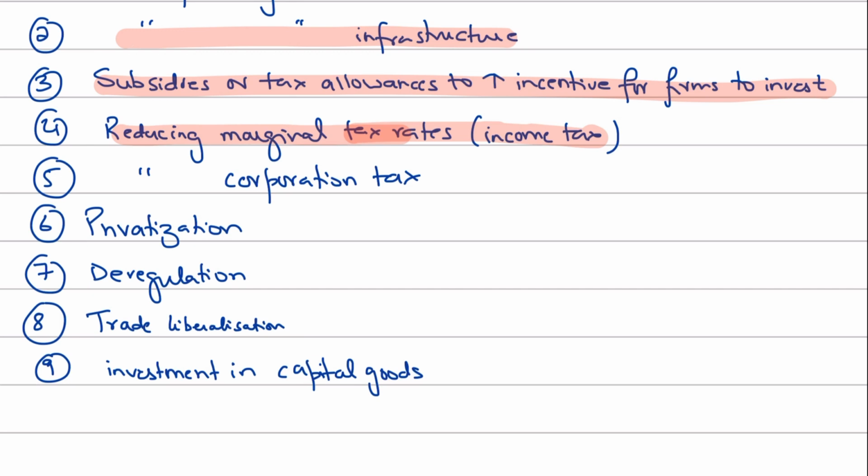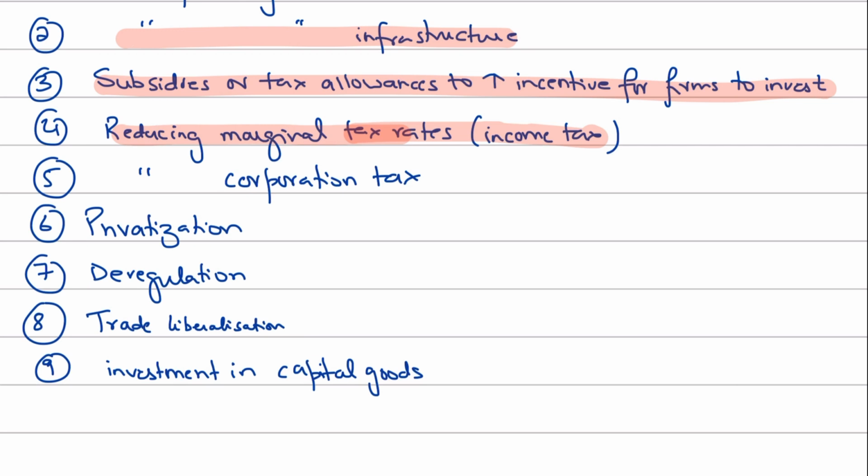So the first reason how it connects to LRAS is that it improves the productivity of labor. The second thing is that lower income taxes provide an incentive for those people who are of working age and who are currently inactive in society, maybe voluntarily unemployed, or maybe they have just exited the labor force, to start working, take up whatever available jobs there are in the economy and enter the labor force, right?